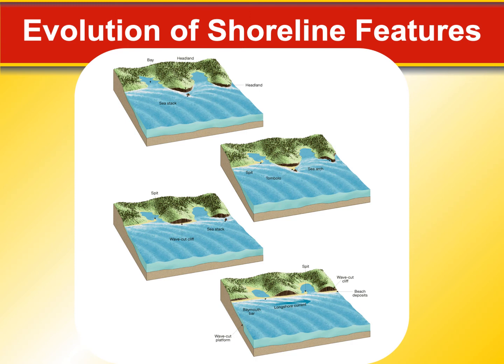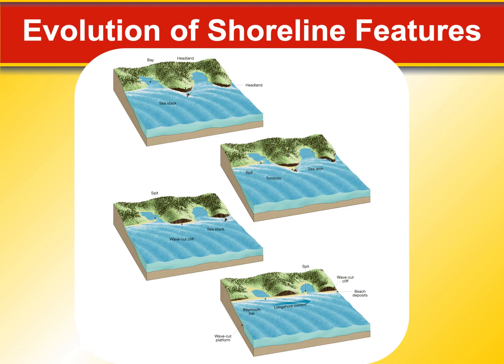A spit, you can see, is almost like a partially formed bay mouth bar. The current's moving along there from left to right, and it makes this little spit of sand that curls out just off the edge of the coast. In the third picture down, we've got a wave-cut cliff. That's where the waves have completely eroded things back and away.